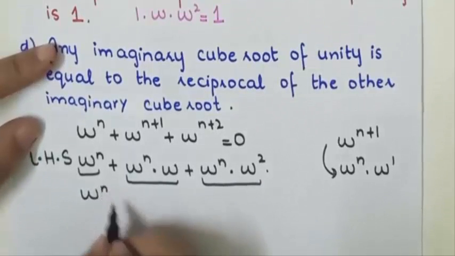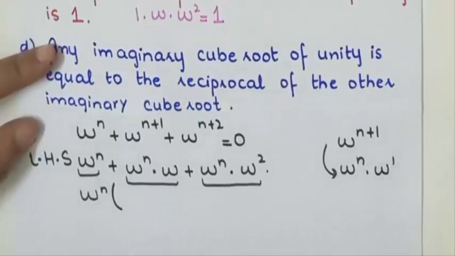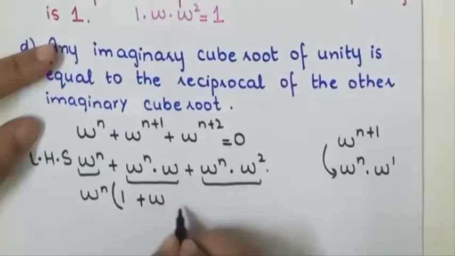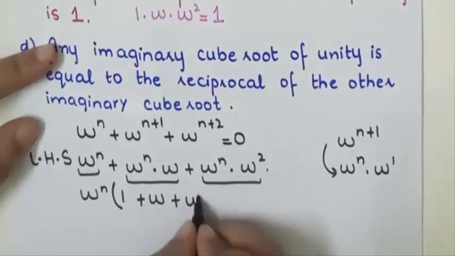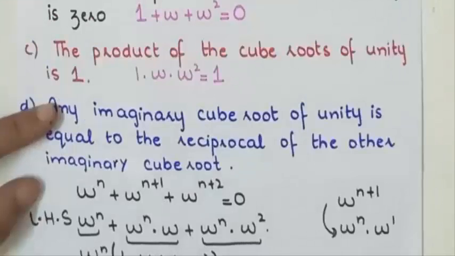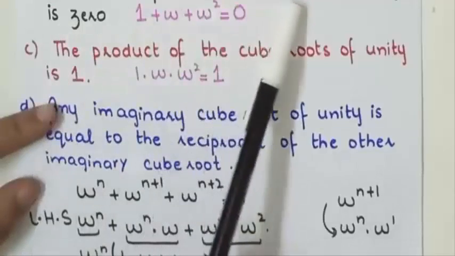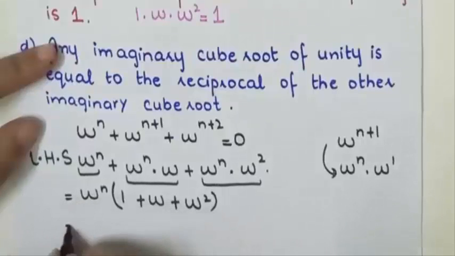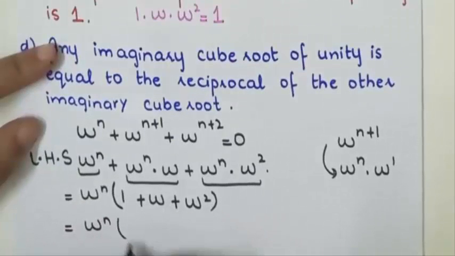So we can take omega n common. Now here we have 1 plus omega plus omega square, and we know that the sum of the three cube roots of unity is 0. So it means omega n times this term, which is 0.